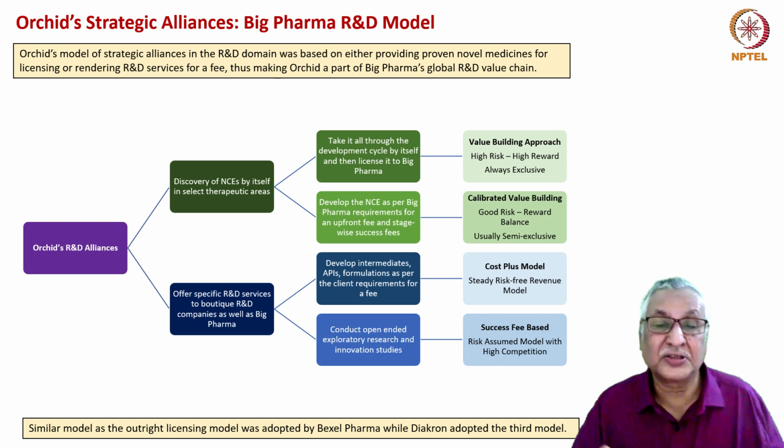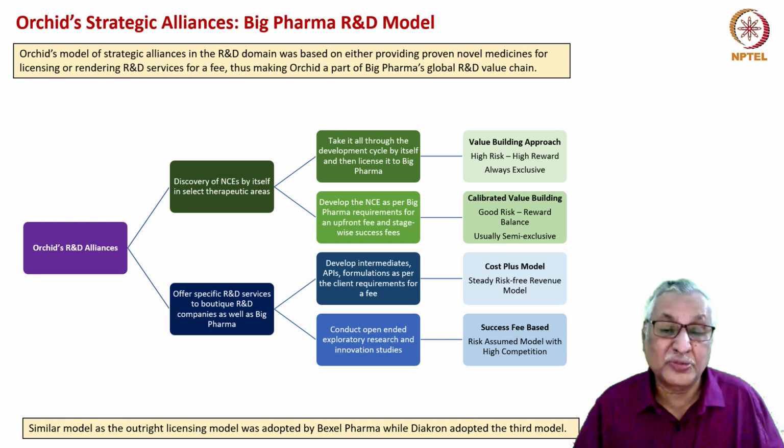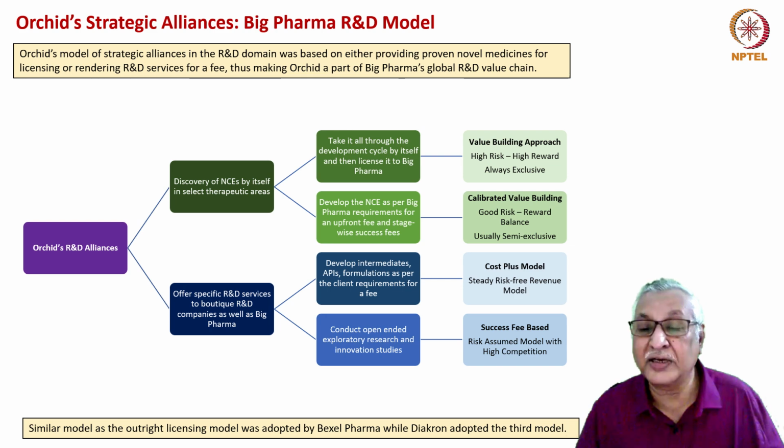In the first class, that is the discovery of new chemical entities by itself, the goal was to take it all through the development cycle by itself and then license it to big pharma. The other goal was to develop the NCE as per the big pharma requirements for an upfront fee and stage-wise success fees. And in respect of specific R&D services, the idea was to develop intermediates, APIs, formulations as per the client requirements against a fee that is provided.